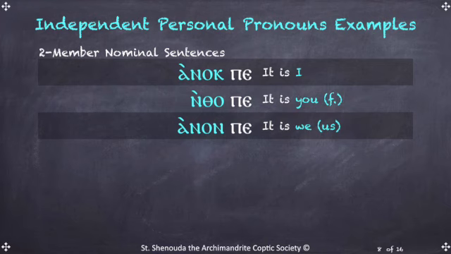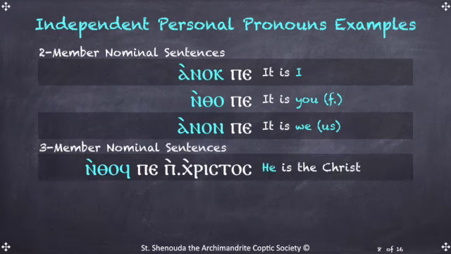Anon pe, it is we or us. Entov pe epe Christos, he is the Christ. So in this case, the personal pronoun is the subject, and the noun epe Christos is the predicate.